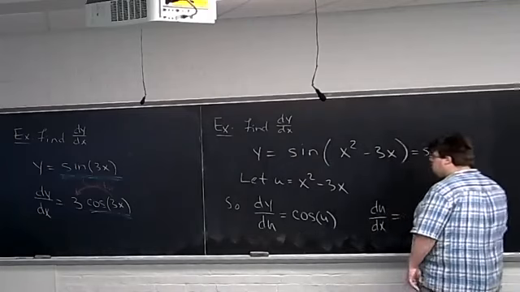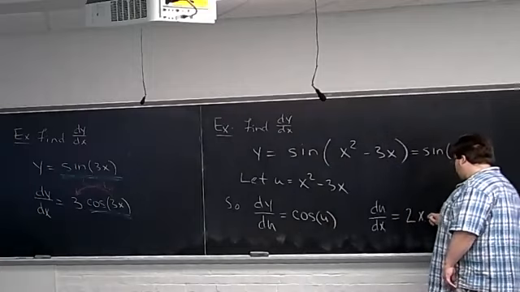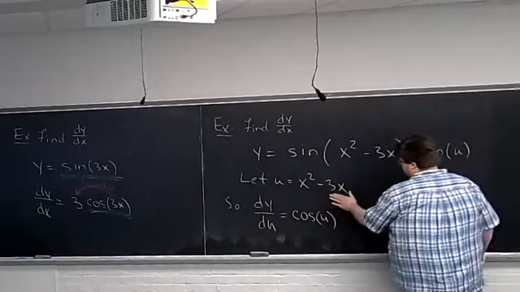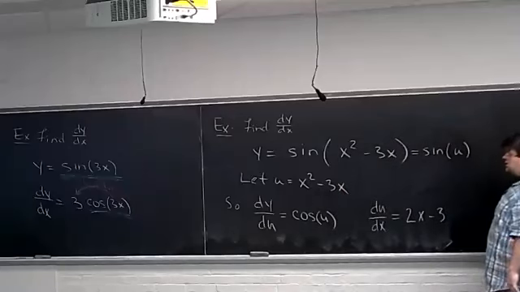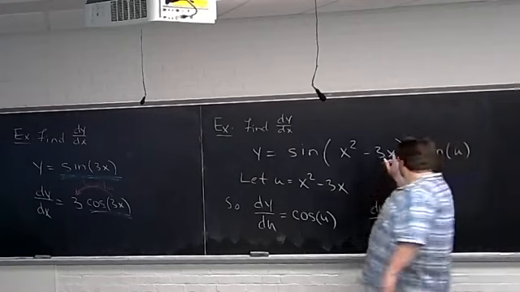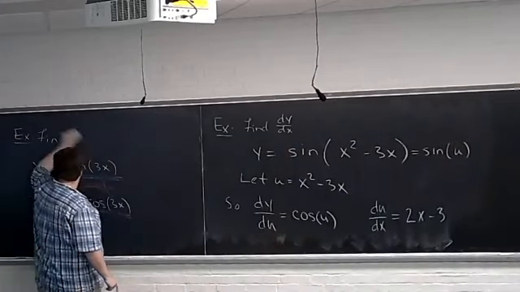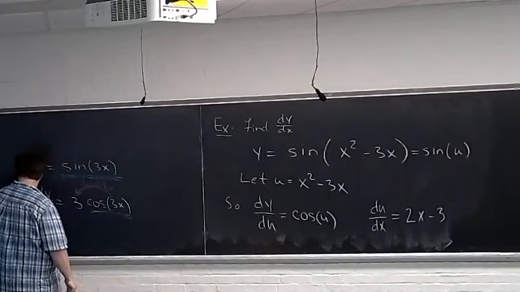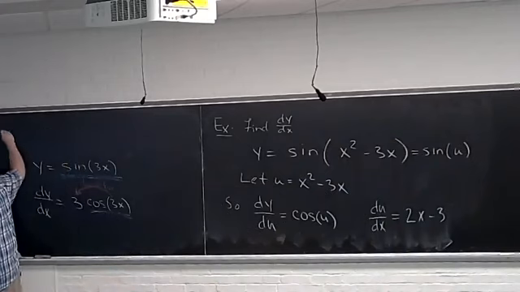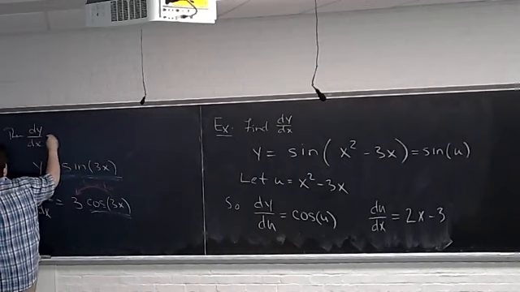The derivative there, by the power rule or the constant observation, is 2x minus 3. So dy/du is cosine u, du/dx is 2x minus 3. So dy/dx is these two multiplied, with x substituted back in for u.